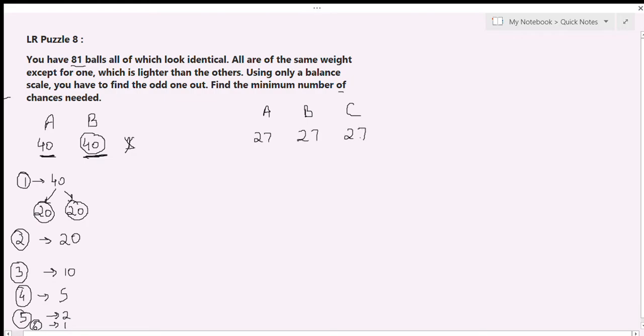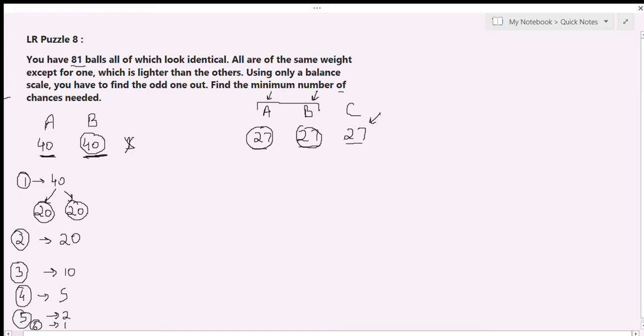There are 81 balls. If I divide them into groups of 27 each, on the first try, I put these 27 balls on the left side and these 27 on the right side. If both of them are equal, then certainly the lighter ball is in the remaining group.